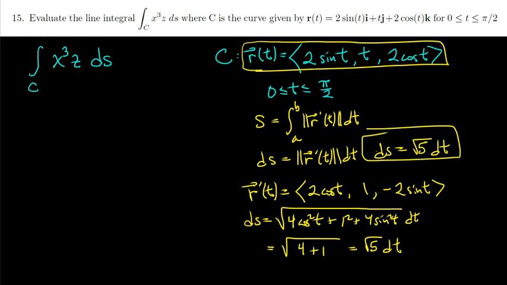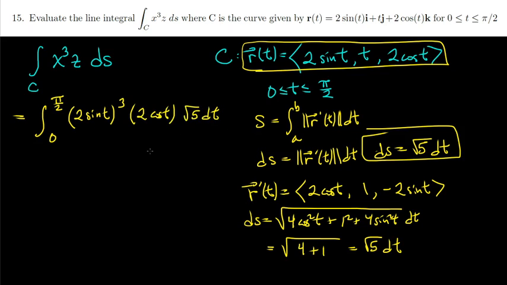All right, good enough. So the line integral then is going to be from 0 to pi over 2, for t. x is just the i component, the x component, 2 sine t to the third power, and then z is 2 times cosine t, and then ds is the square root of 5 times dt. So what are we integrating?